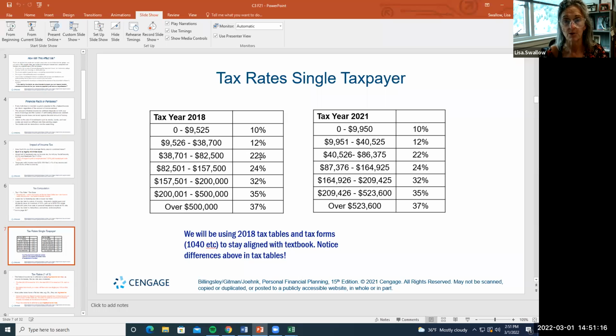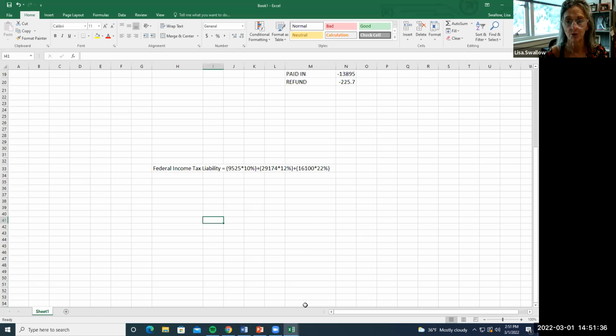So I'm here using my tax table. First 95.25 at 10%. Next chunk at 12%. Last little chunk over the 38,701 at 22%. Wait, that's not the right number.